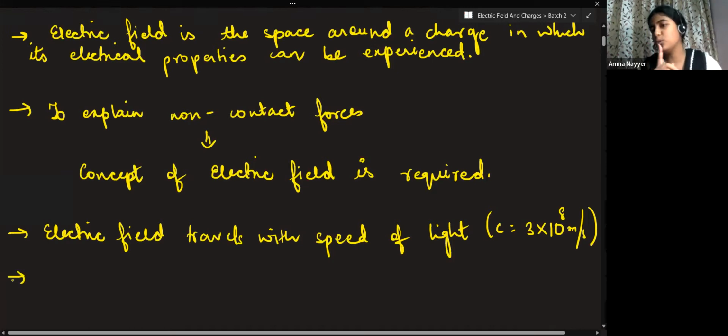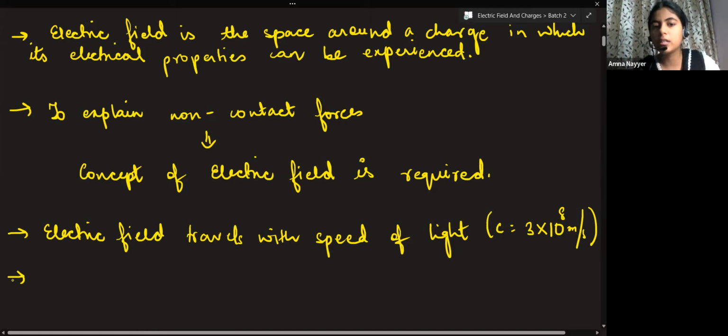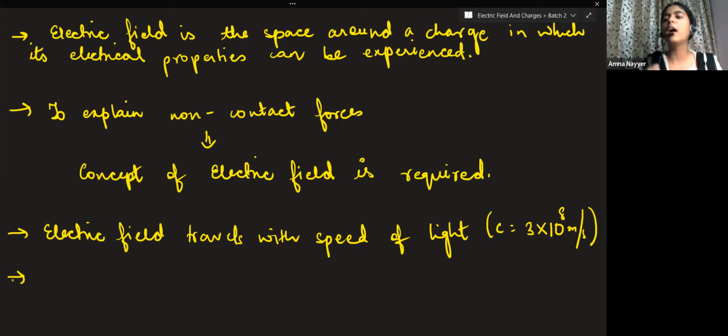And one more thing that makes electric field different from electric force. In electric force, we require a minimum of 2 charges, then only force will be exerted on each other. In case of electric field, if you have a single charge with you, then also you will be able to observe electric field, because the single charge will have its certain electric field. If you take a negative charge, that will also have a certain electric field.